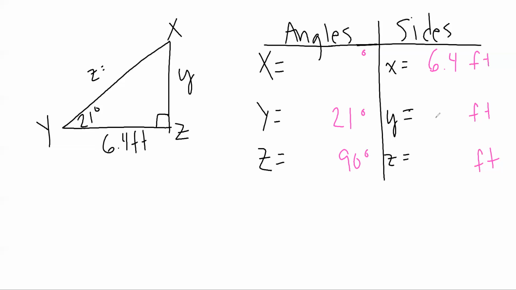The easiest place to start is to find my missing angle by taking 180 and subtracting these two. 180 minus 90 minus 21 gives me 69 degrees. So this is 69 degrees here.